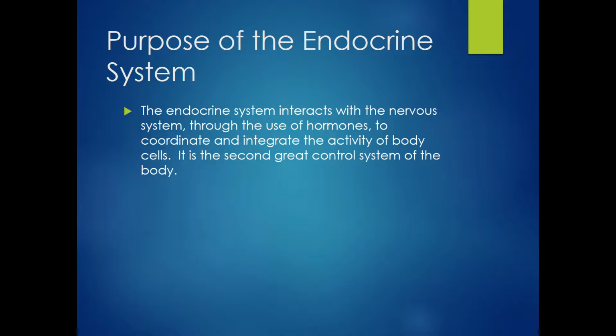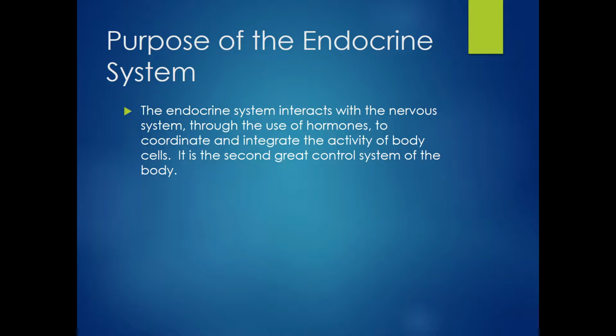also, its purpose is also to be able to respond and restore homeostasis, but in a much slower manner and in a mechanism that's very different than what we see with the nervous system.